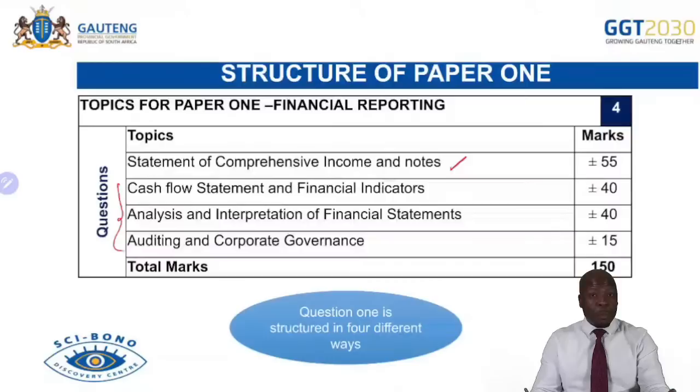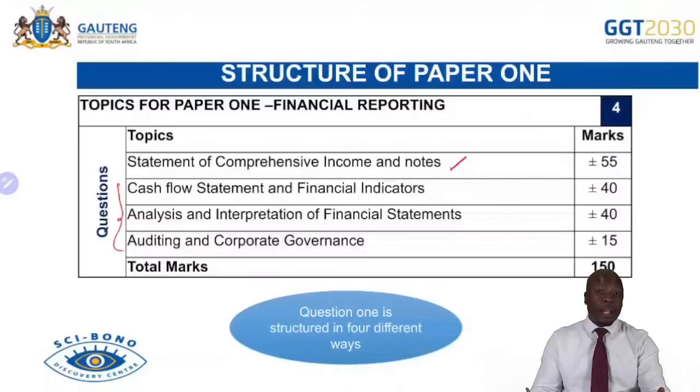And we also spoke about option number 2, where you can have the statement of financial position. And in option number 3, we also had the option where you have the statement of comprehensive income and the statement of financial position as well. And then this is the last option that I'll speak of, where you have the statement of comprehensive income and notes. So when you are preparing for your exam, make sure that you prepare fully, such that when you get to the exam center, you are able to answer questions.